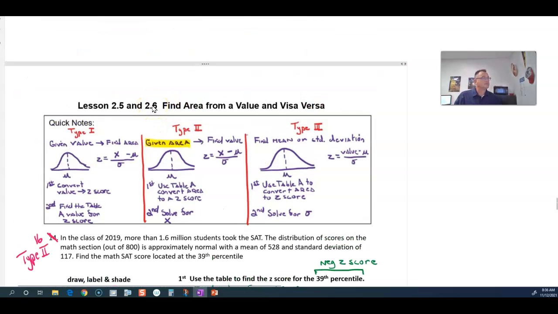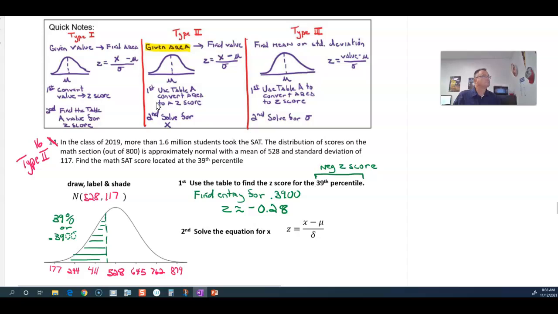Okay, so I just converted it to a z-score right there. And now I'm going to plug into this formula and solve it for the letter x.